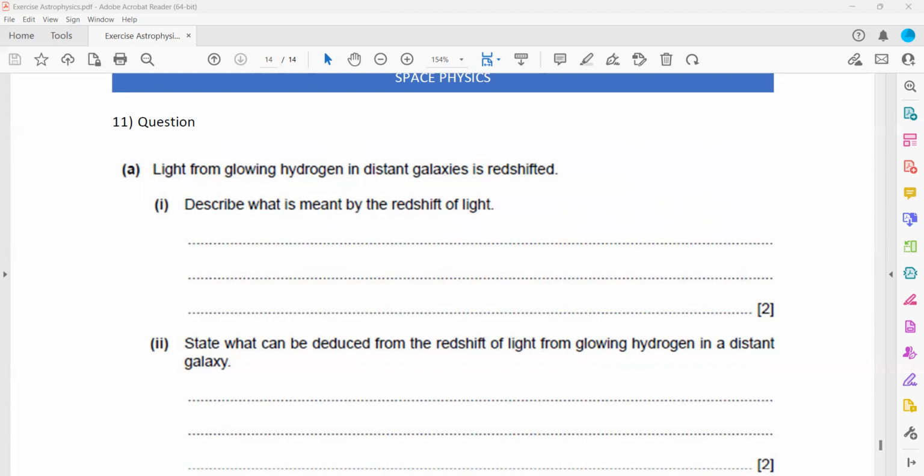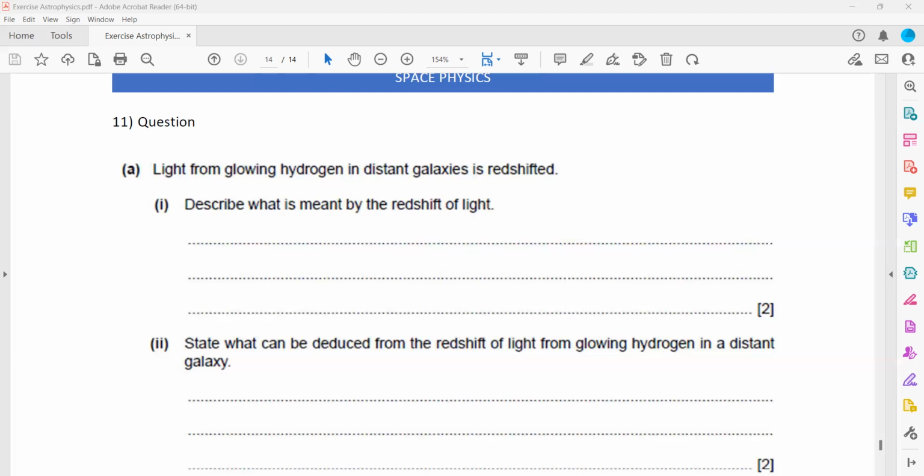So we can mention here what is the meaning of a redshift. The wavelength increases due to the object moving away. The wavelength of light which we observe, emitted from different galaxies, appears to be longer than the emitted one.